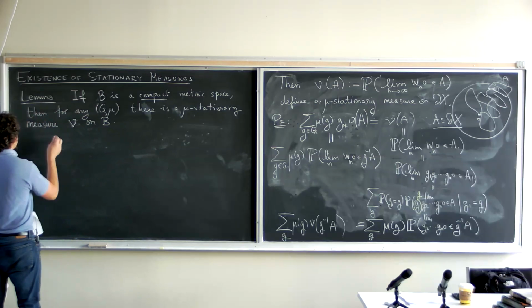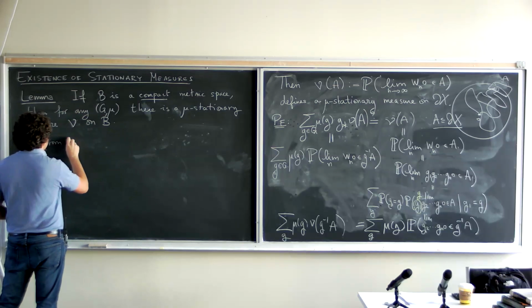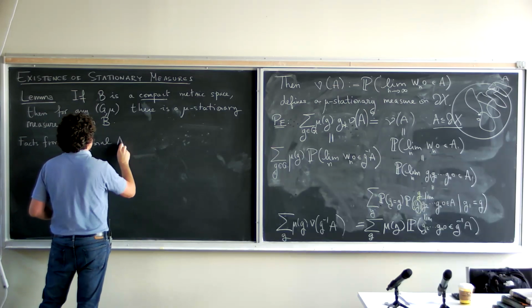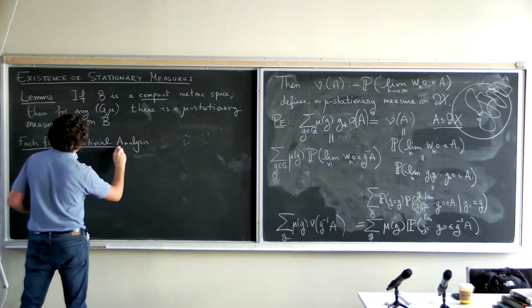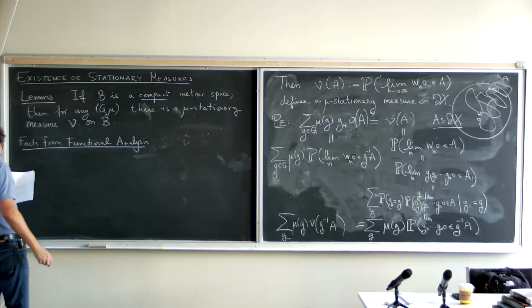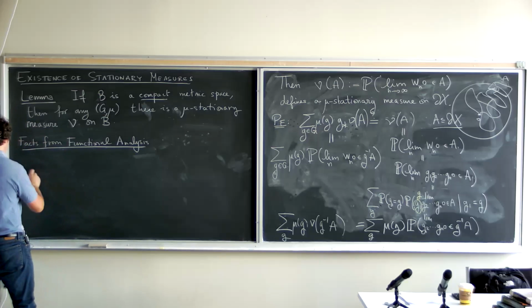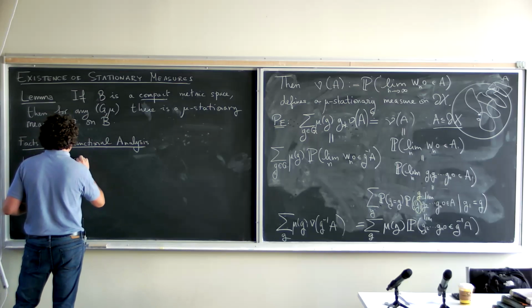Maybe we can see a few facts in classical analysis, in functional analysis. First of all, recall that. Let B be a compact metric space.